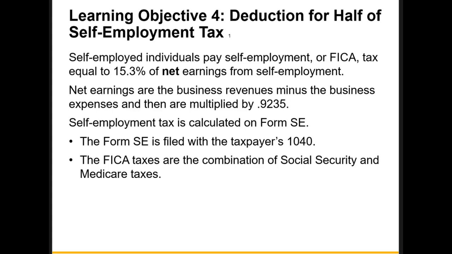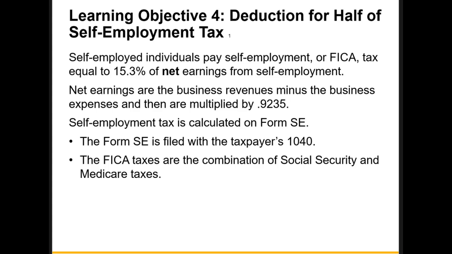Now, this is to make up for the fact that if you're an employee, you have FICA tax taken out of your check, and your employer pays the other half. So you're also putting in 15.3% of your earnings into the FICA program, if you will, but you only see it taken out of your check as half of that. The other half is just paid, and you don't actually even think about it.